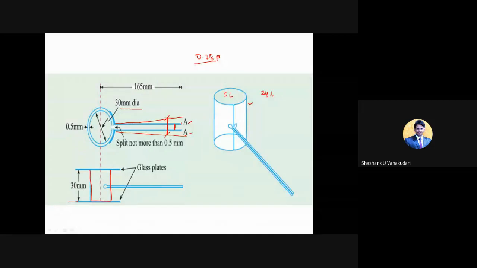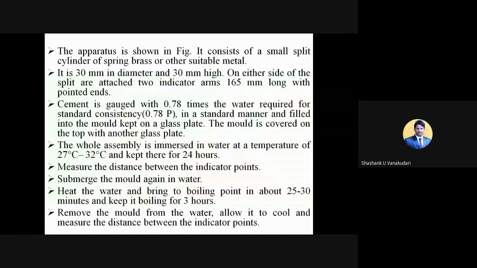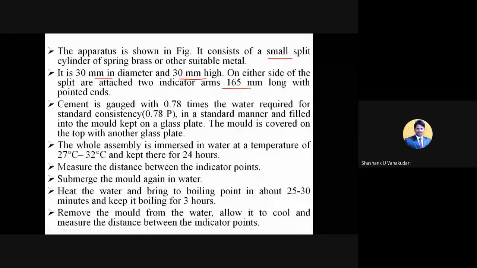The similar procedure has been explained here. It consists of small splits, with the dimensions of height as well as diameter, and 165 mm length of the indicators, considering the water quantity 0.78 times. The test should be conducted at a temperature of 27 degrees Celsius to 32 degrees Celsius for 24 hours, and then measure the distance between the indicator points.